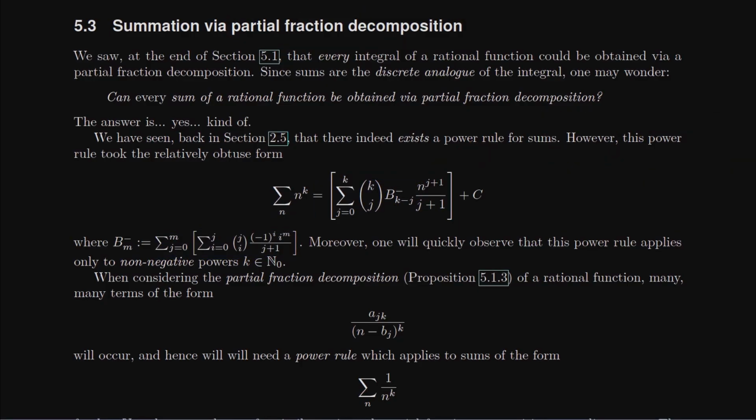Anyway, to that end, I do want to make a very important note about the power rule we see in the middle of the screen. And that note is, if I put a negative number in for k, let's say negative 2, for example, well, number one, this sum starting at 0 and ending at negative 2, you could probably interpret that a specific way, maybe go 0 to negative 1 to negative 2, but usually it's not defined. You usually only start where the lower bound is less than the upper bound.